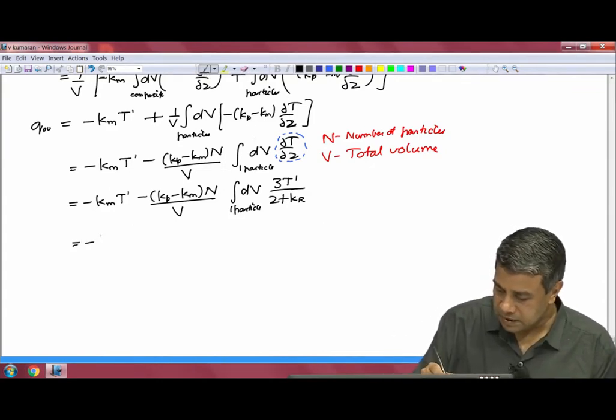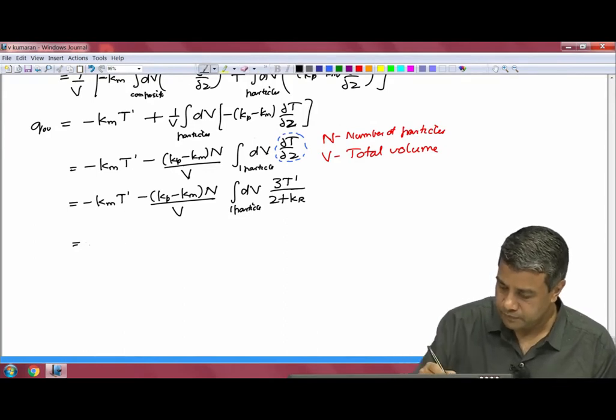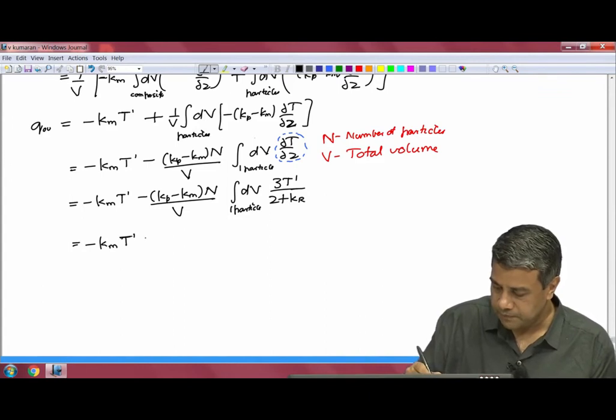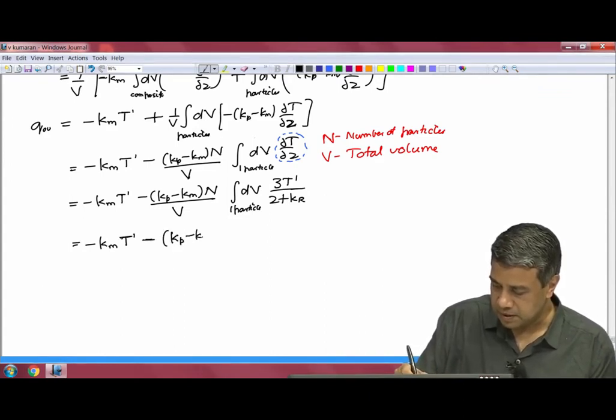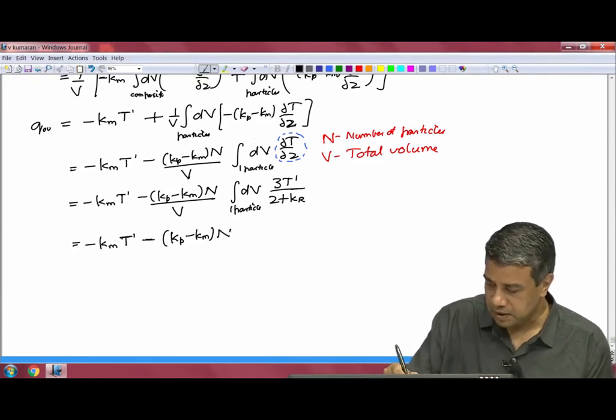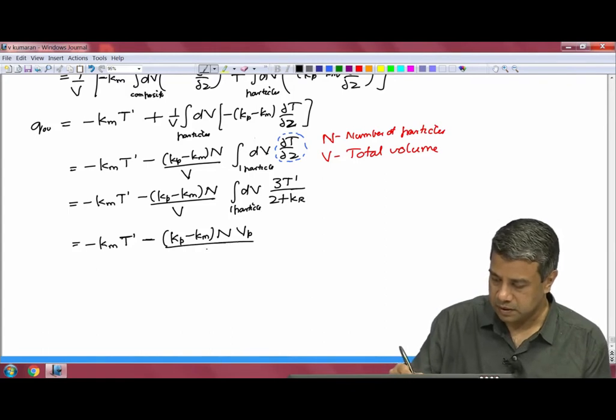So, this is equal to minus Km T′ minus (Kp minus Km) n into the volume of one particle, by V.